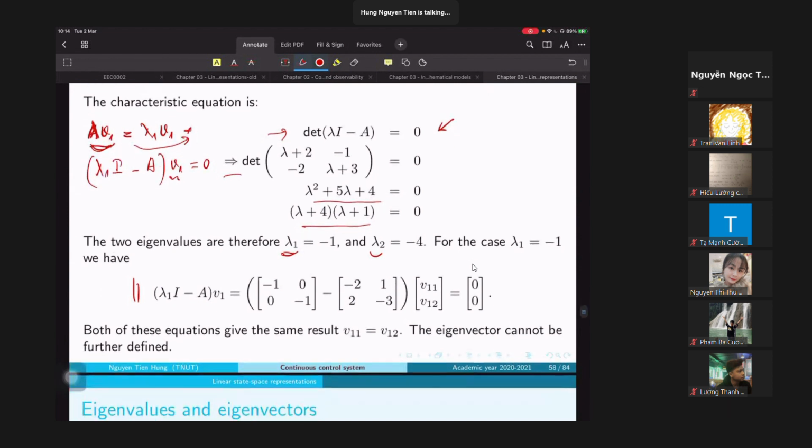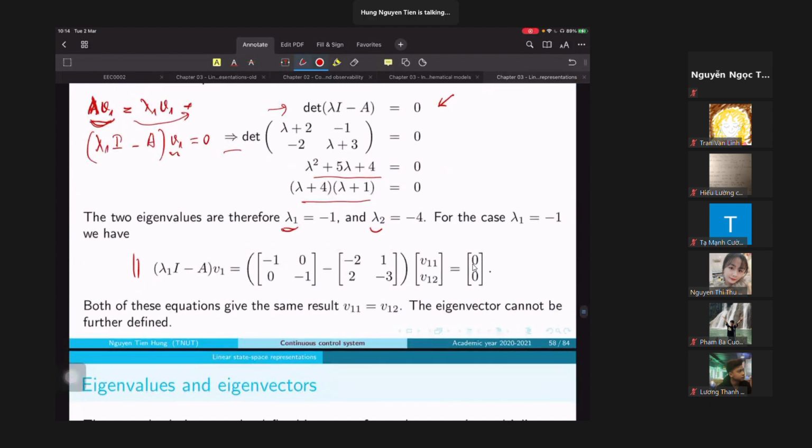So for lambda 1 is minus 1, then we got lambda 1 I is lambda 1, 1, 0, 0, 1. So we got lambda 1, 0, 0, lambda 1, but lambda 1 is minus 1. So we got minus 1, and this is A, and this, and it should be 0.